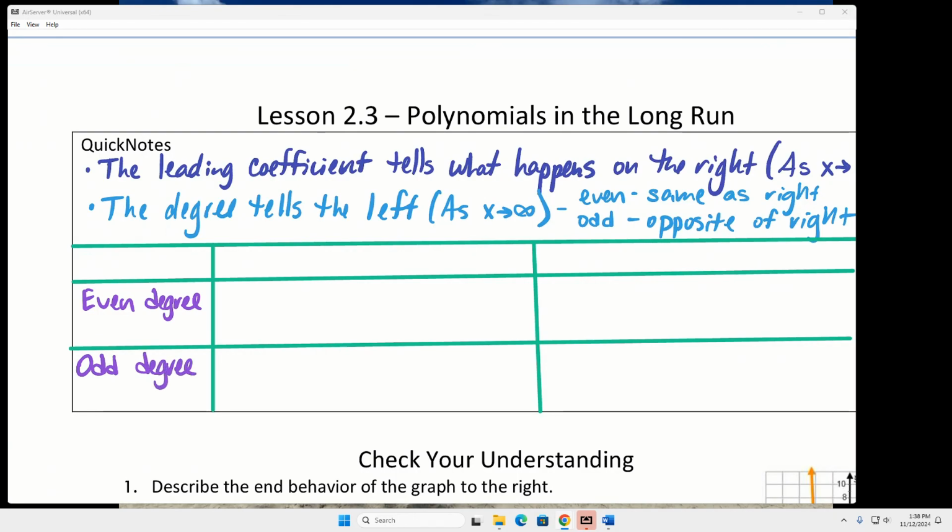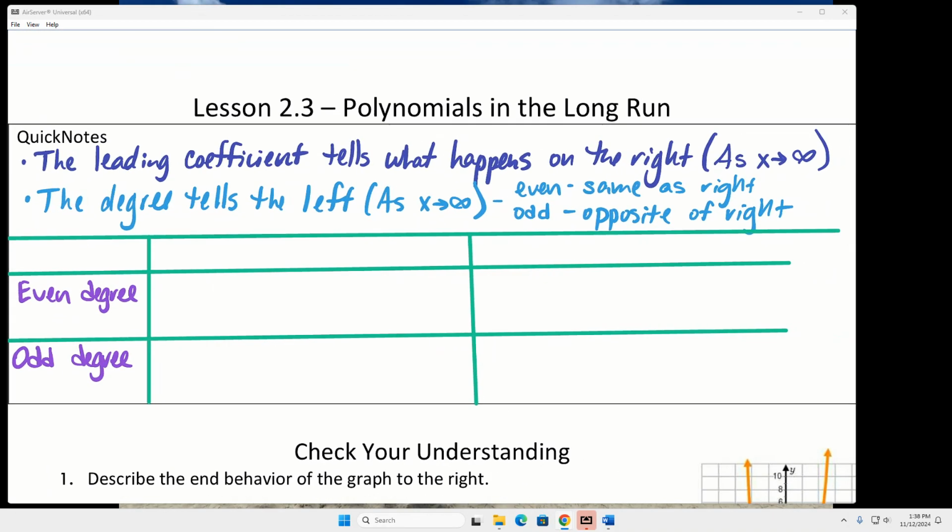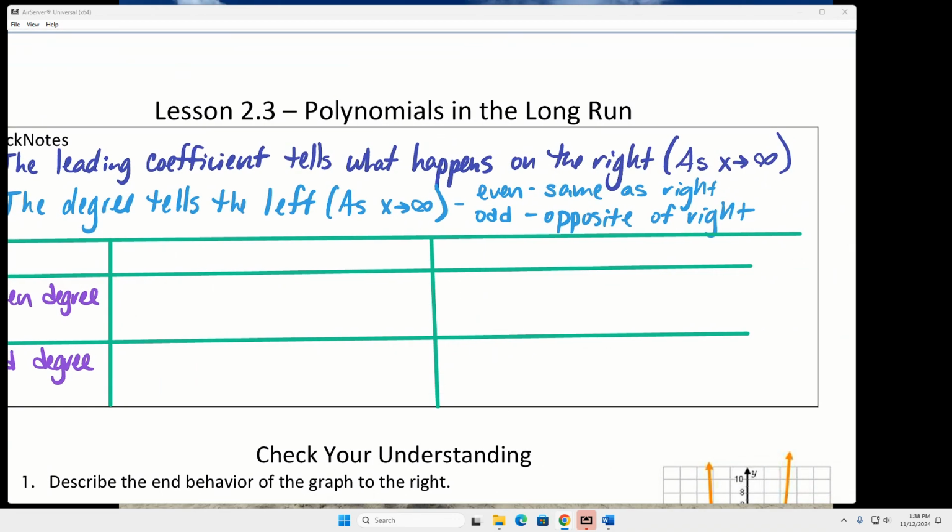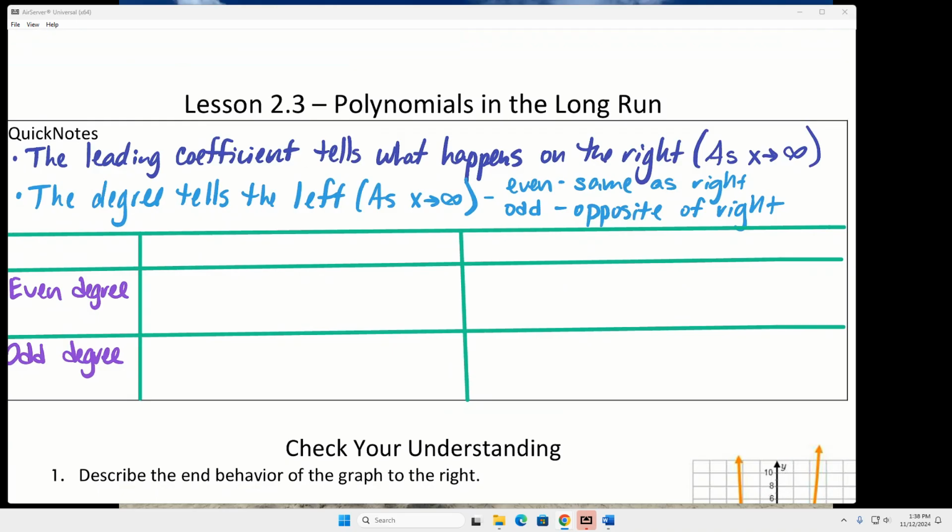So it's talking about the largest exponent, sorry. And then across the top we have positive leading coefficient and negative leading coefficient.